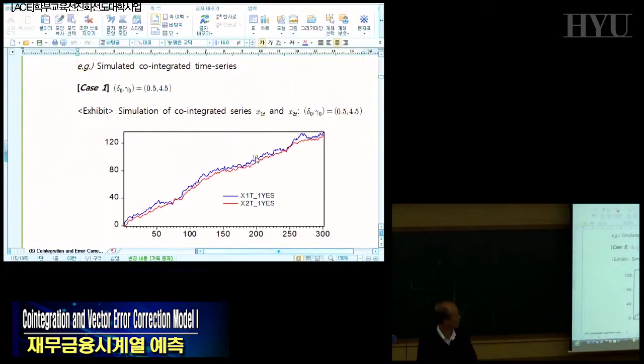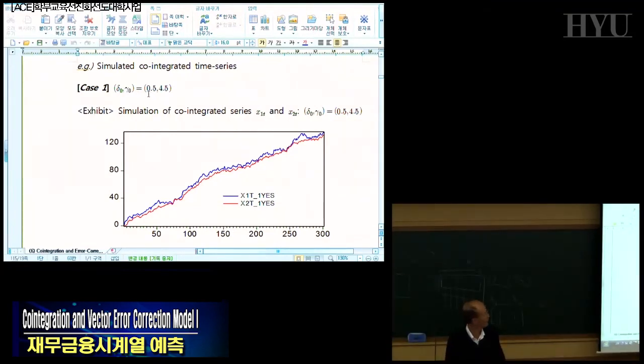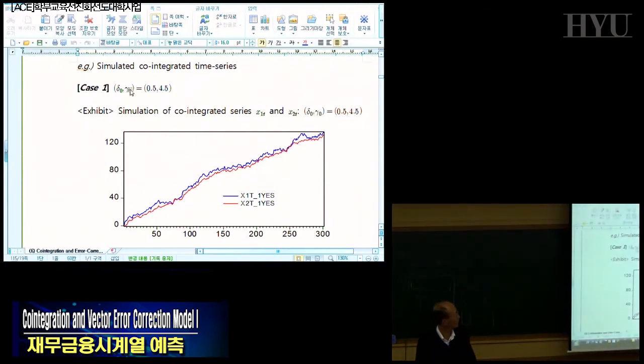Okay, so this one assumes delta 0, which is the rate of drift in series 2, x2t, is assumed to be 0.5. And gamma 0 is the intercept term in a long-run relationship or cointegrating relationship. That is assumed to be 4.5.